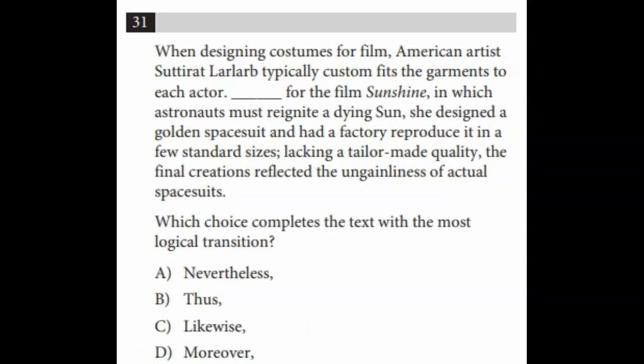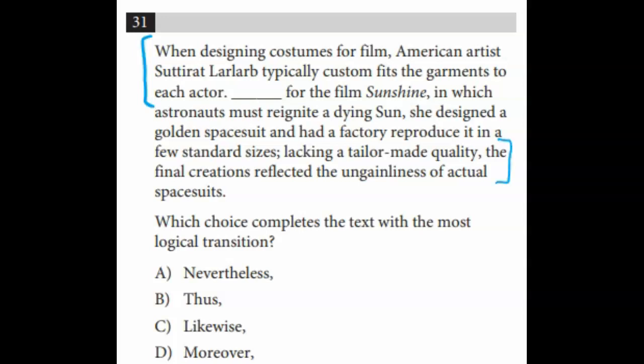Number 31. When designing costumes for film, the American artist typically custom fits the garments to each actor. Okay, so she makes tight clothes. For the film Sunshine, in which astronauts must reignite a dying sun, she designed a golden spacesuit that a factory reproduced in a few standard sizes, lacking the tailor-made quality, and the final creations reflected the ungainliness of actual spacesuits.